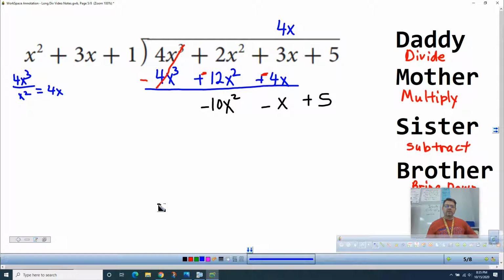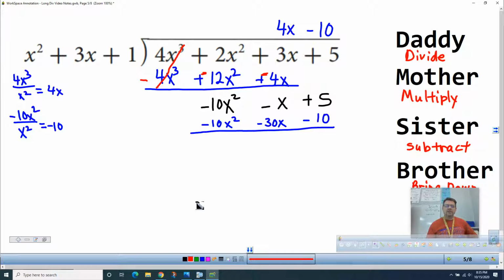Okay, starting over now. Negative 10x squared divided by x squared leaves me with negative 10. So negative 10 it is. So there's our daddy divide. Now mother multiply. Negative 10 times all 3 of those. So negative 10x squared, and then negative 30x, and then negative 10.